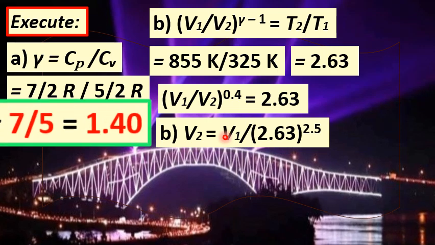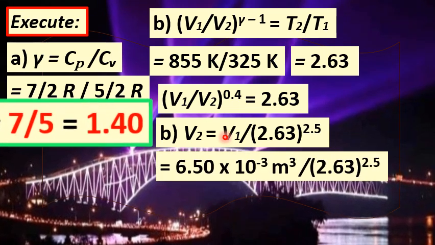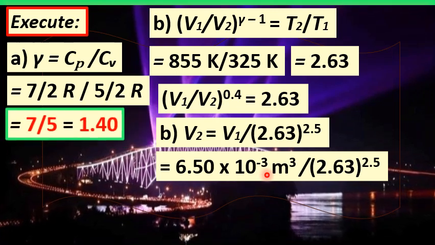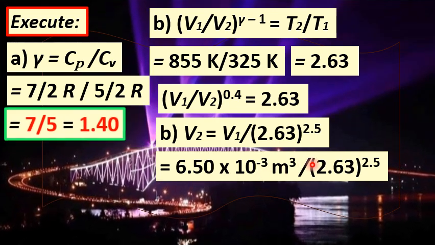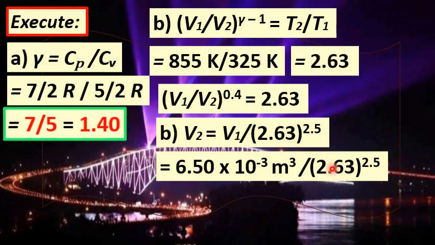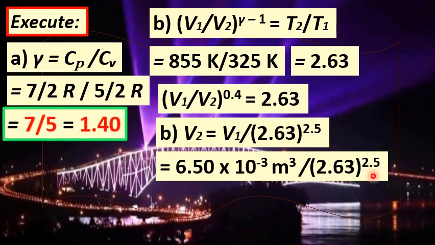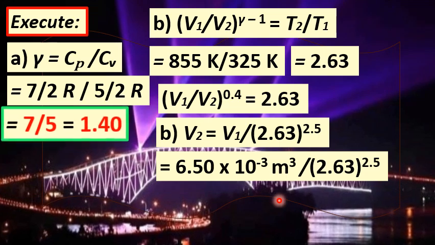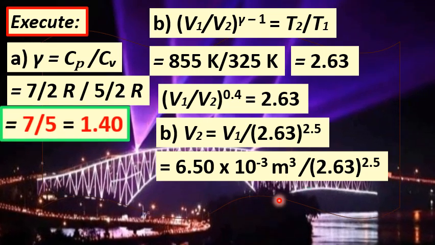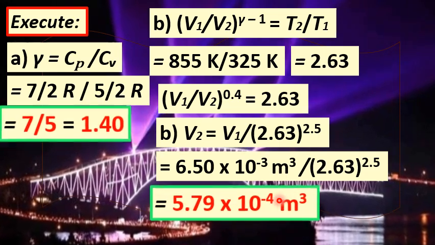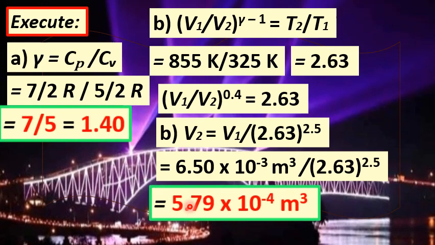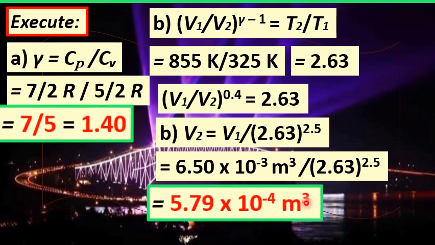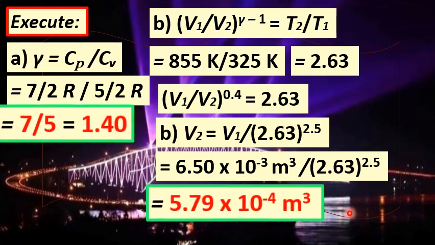So, substituting the value of V sub 1, which is 6.50 times 10 to the negative 5 meter cube, and dividing it by this number 2.63 raised to the power 2.5 with the help of our scientific calculator, we will get the value of the final volume V sub 2 equal to 5.79 times 10 to the negative 4 meter cube.